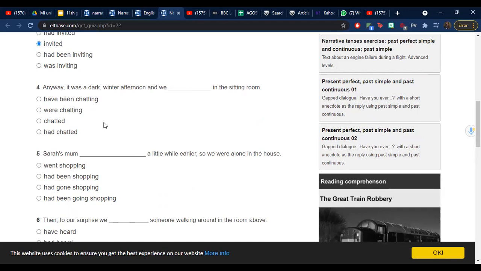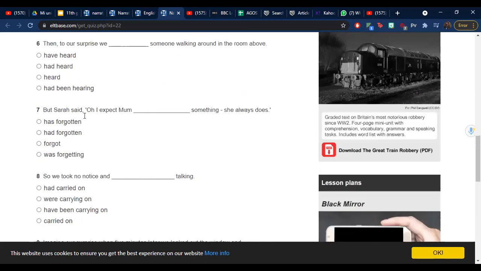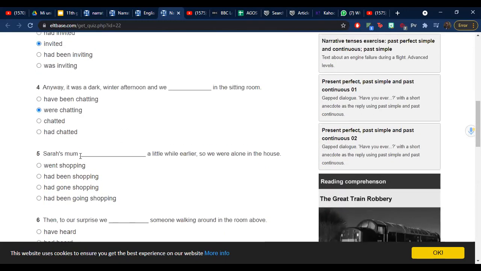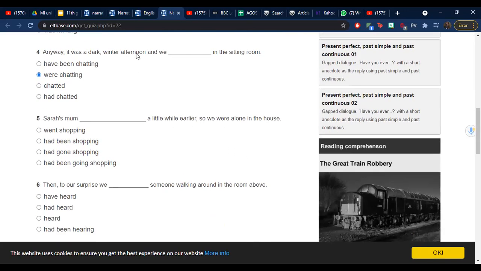We were chatting, because surely here she wants to tell some more things, so it needs to build the context. Sarah's mom, a little while earlier, so we were alone in the house. So they are alone here in the main event.